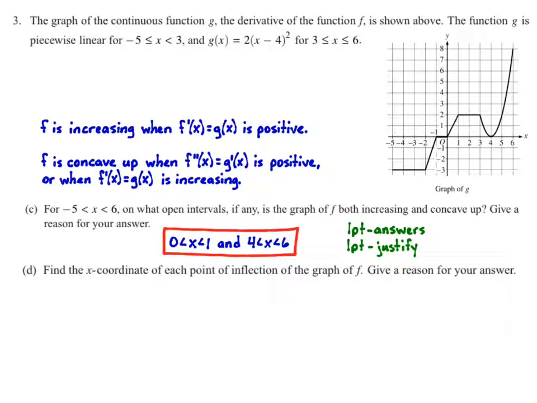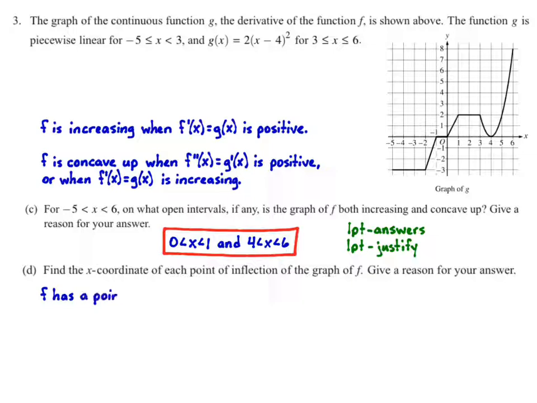All right. For part D, it says find the x-coordinate for each point of inflection of f. Well, going back to our chart, we know that f has a point of inflection when f double prime changes signs. Well, we don't have the information on f, we only have the information on g. So we're going to translate that according to g.